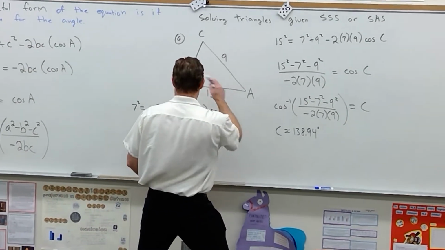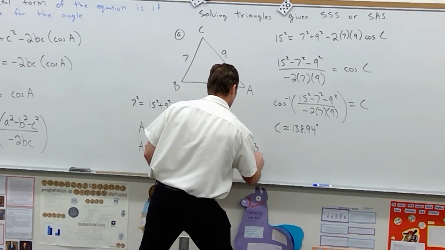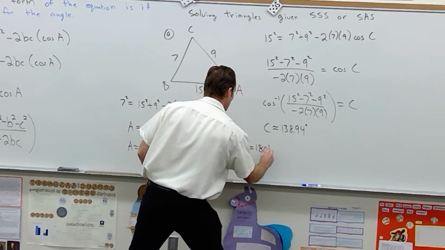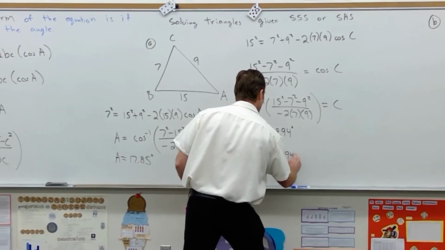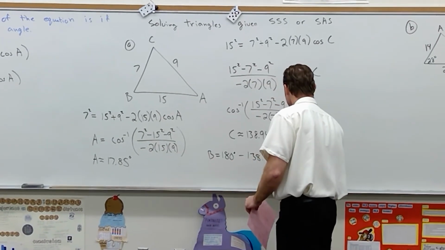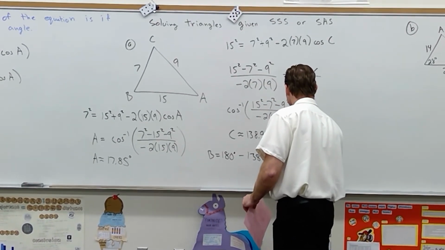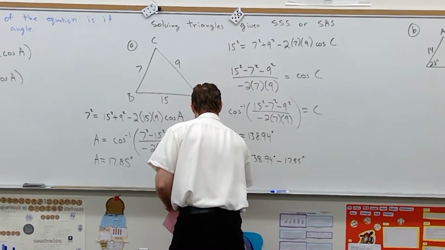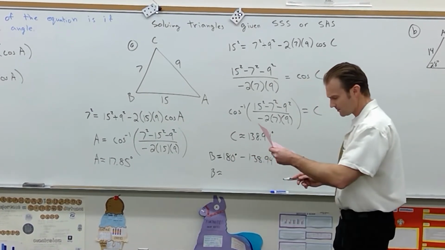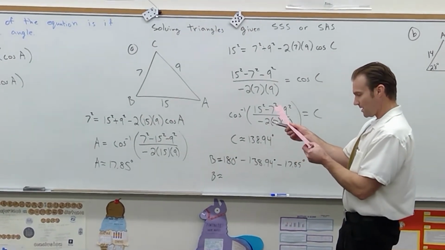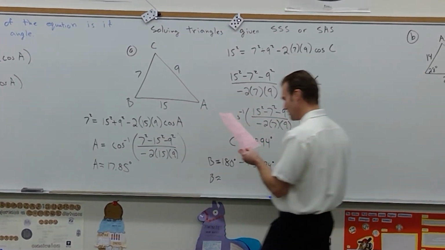So my remaining angle is B. It's going to be 180 minus these two angles that we found. So angle B is going to be approximately 23.21 degrees.